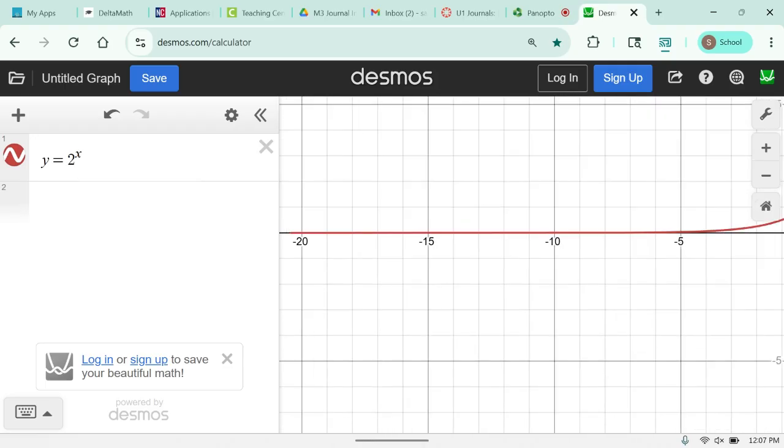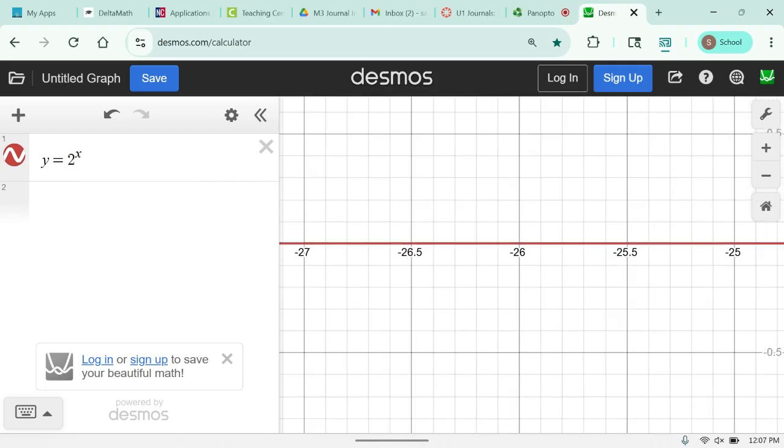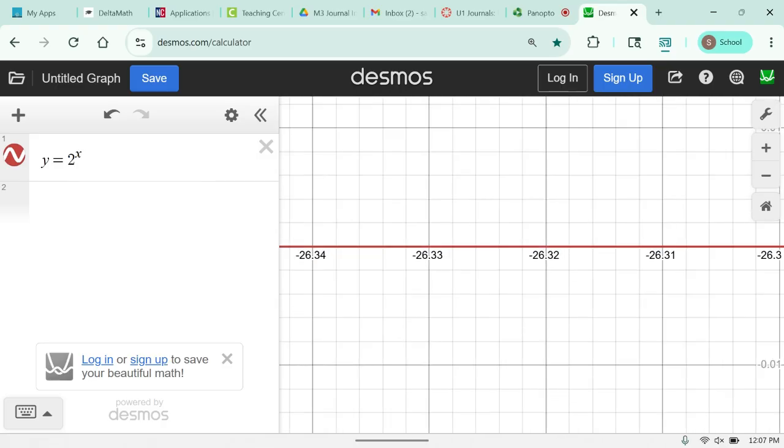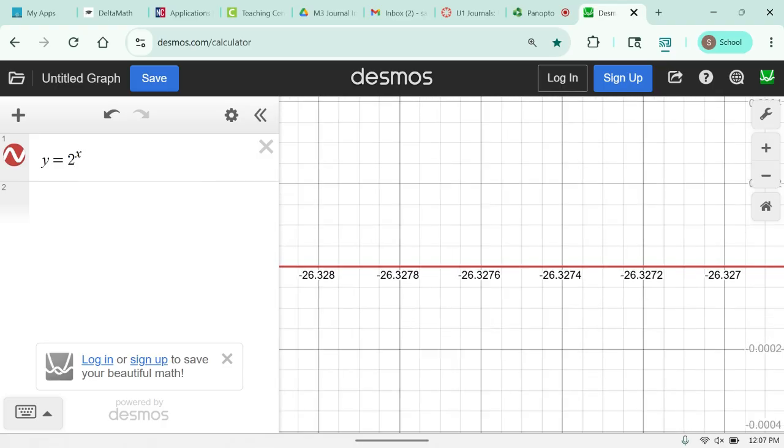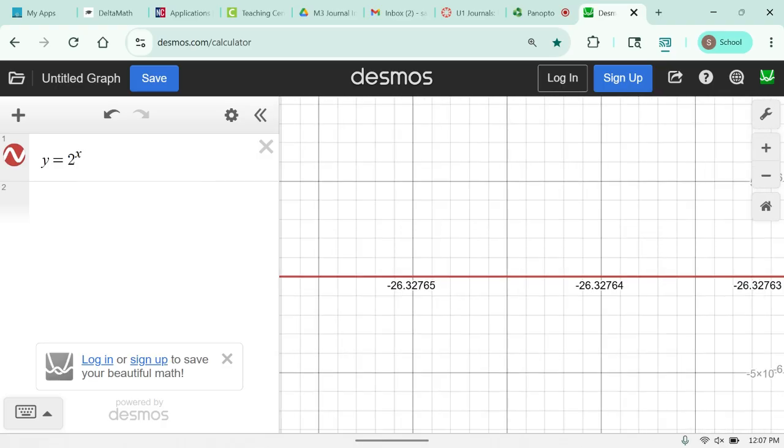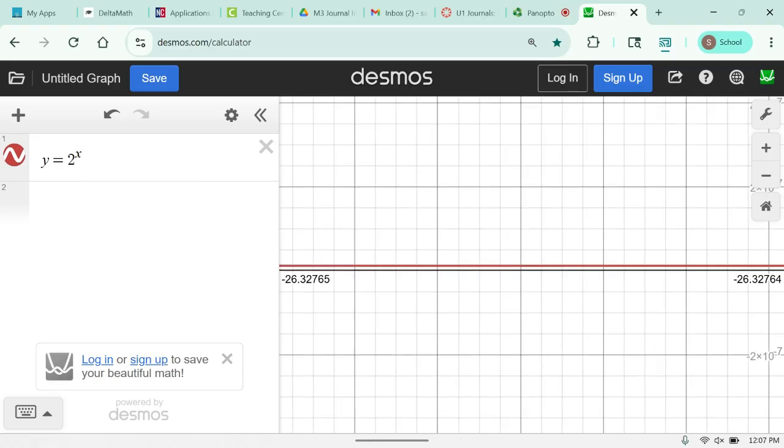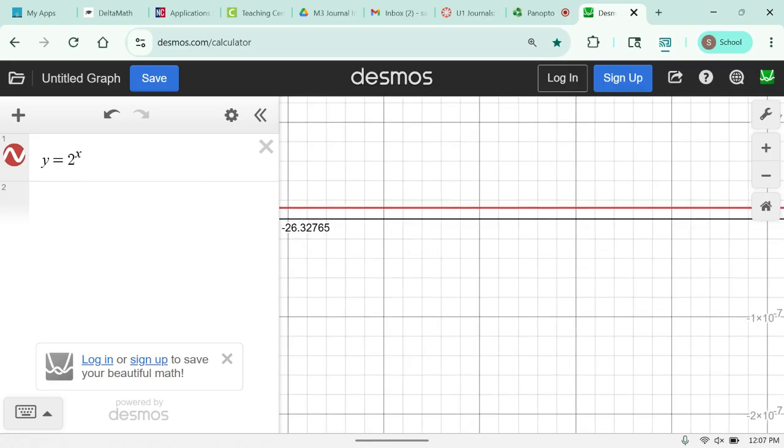Okay, let's do this. So if I zoom in a whole lot, look right here. Here's the x-axis, this black line. That's y equals 0. Here's the graph. Is it actually crossing? Nope. So even though it looks like it is, it's actually not.